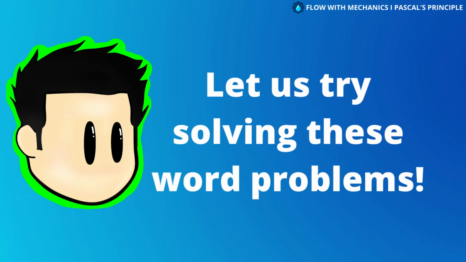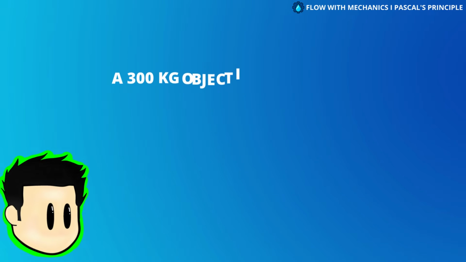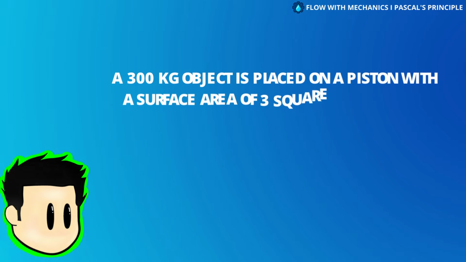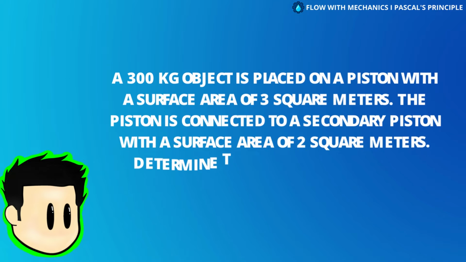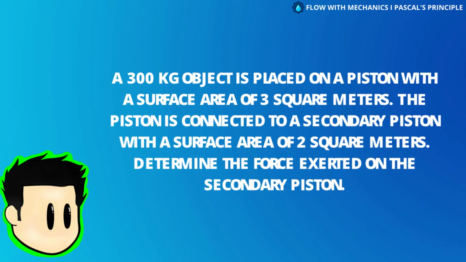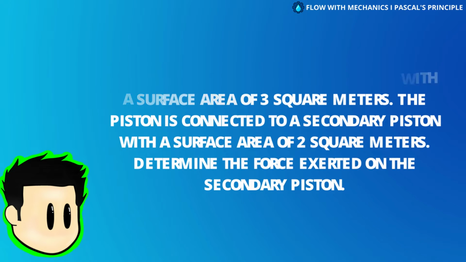Let us try solving these word problems. A 300 kg object is placed on a piston with a surface area of 3 square meters. The piston is connected to a secondary piston with a surface area of 2 square meters. Determine the force exerted on the secondary piston.